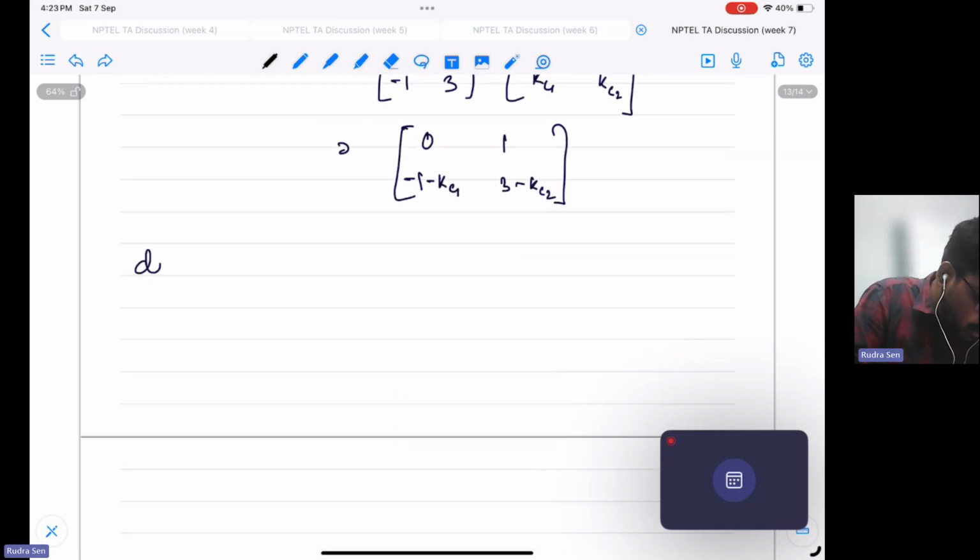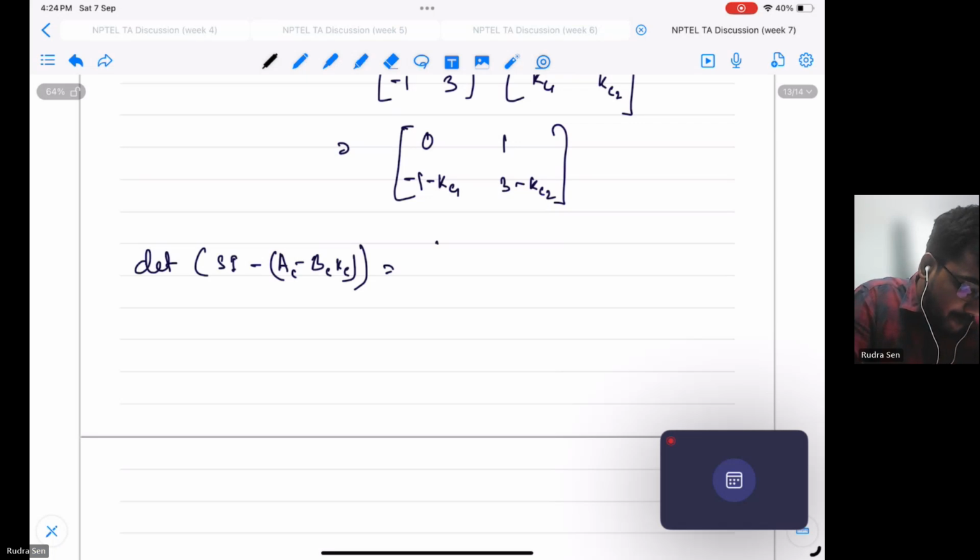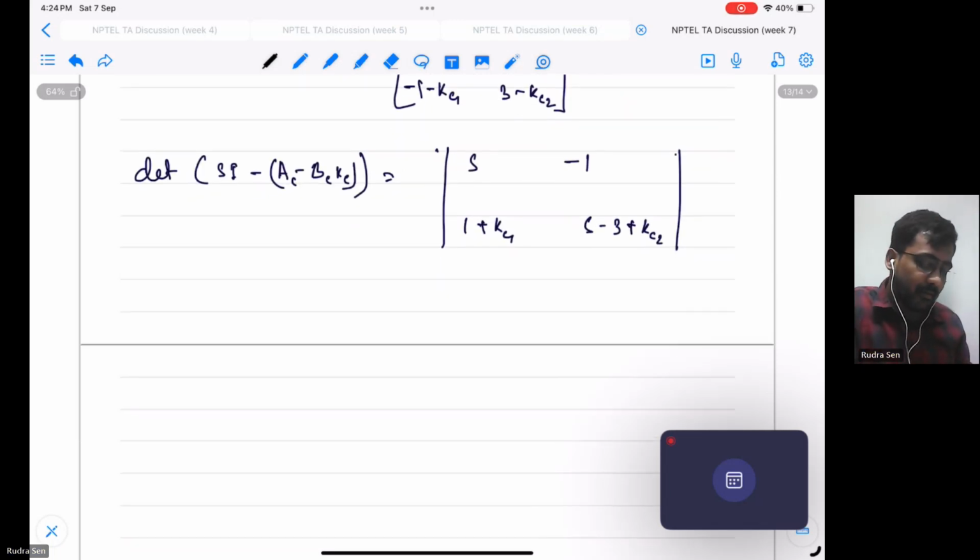So we have to find out the determinant of sI minus Ac plus Bc Kc. That is [s -1; 1 plus kc1, s minus 3 plus kc2]. Right? So what would be the value?